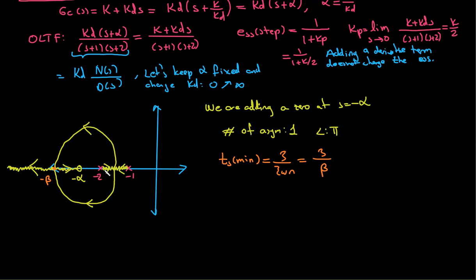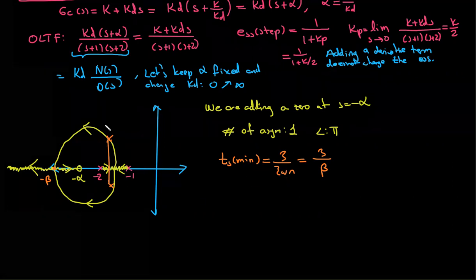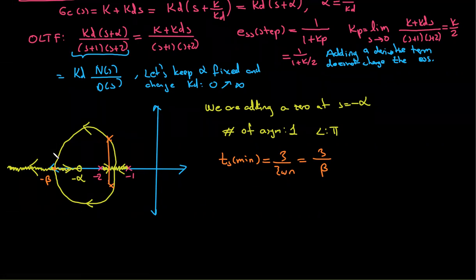Because at the very beginning, this pole is going to determine the settling time. At this k value, this real part determines the 3 over psi omega settling time. And at the break-in point, the settling time will be equal to 3 over beta.